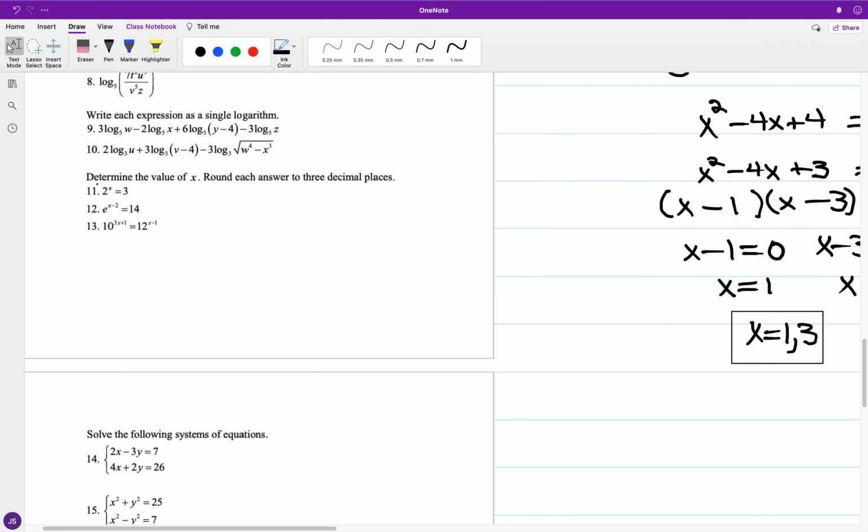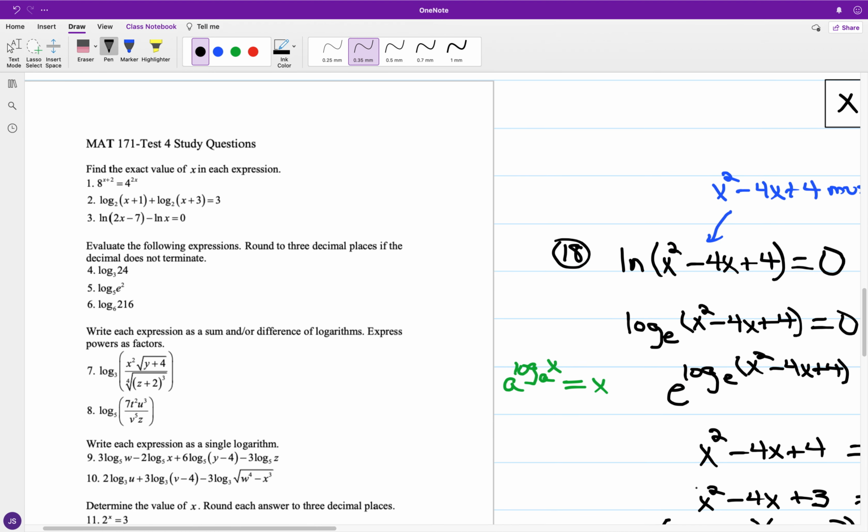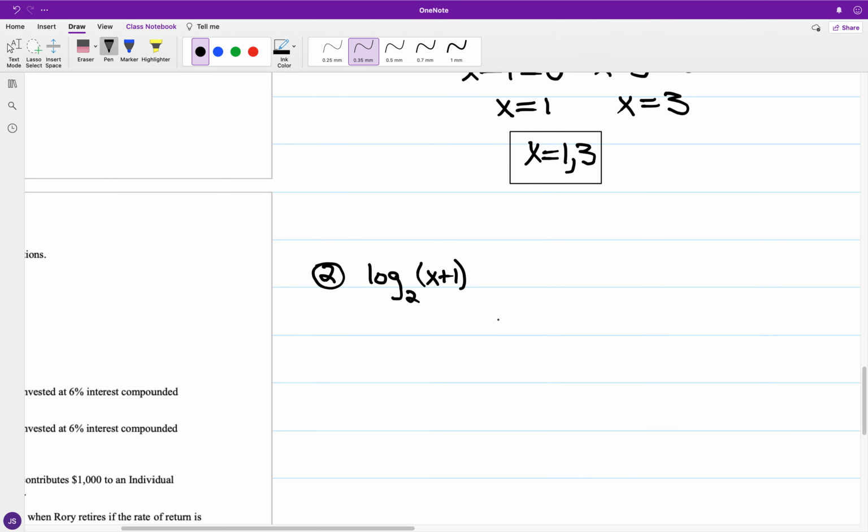Okay. And so we have the base 2 logarithm of x plus 1, again, plus the base 2 logarithm of x plus 3 is equal to 3. So again, we're looking at a situation where we have 2 distinct attachments.